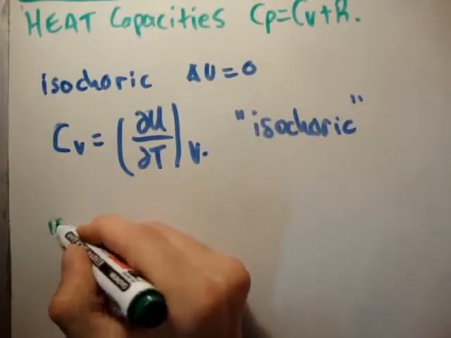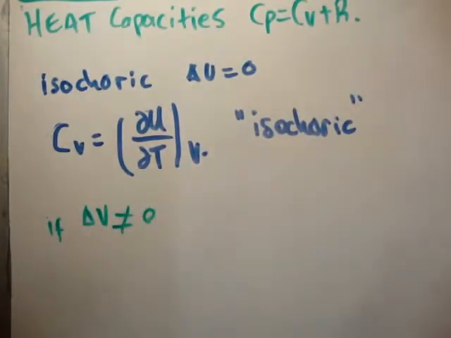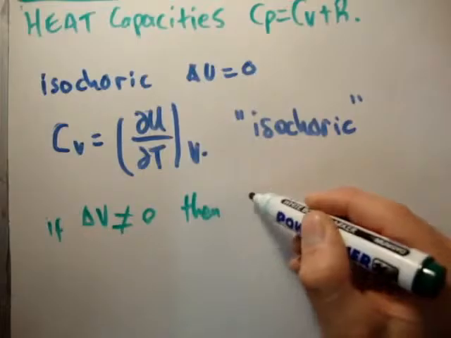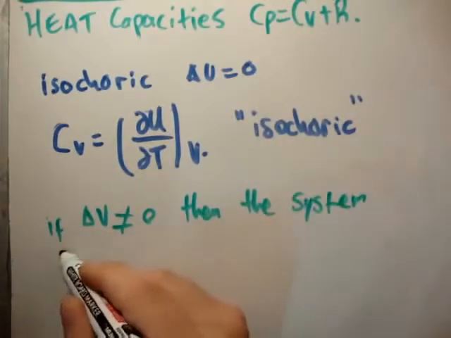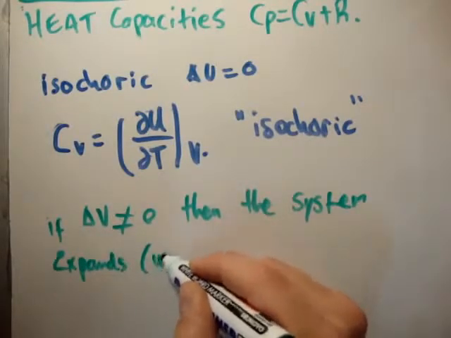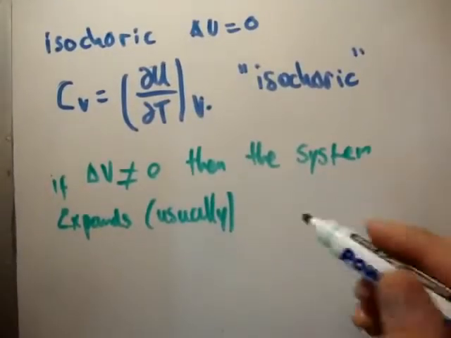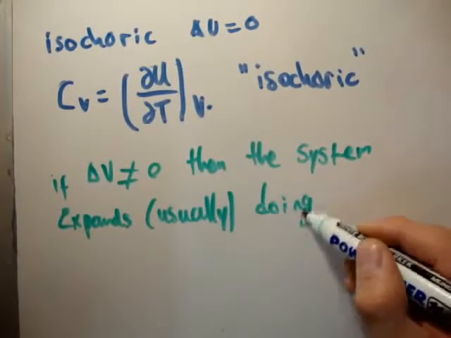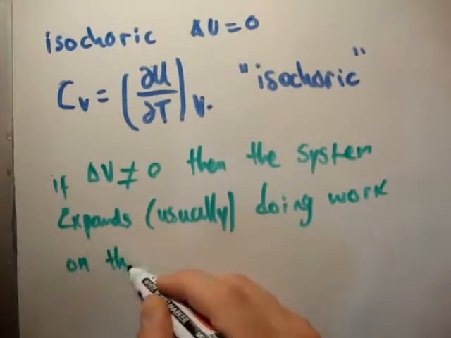Now, if delta V is non-zero, then the system expands. Well, it usually expands, doing work on the surroundings.